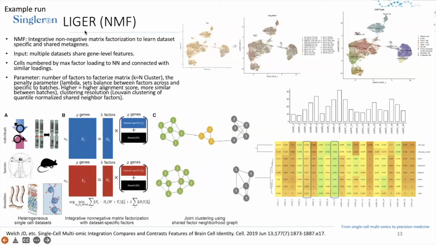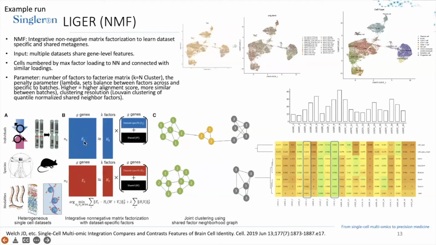The input of Liger is multiple data sets which share gene level features. This method itself can handle multi-omics data. Yeah, and then these cells are broken down here as a diagram.